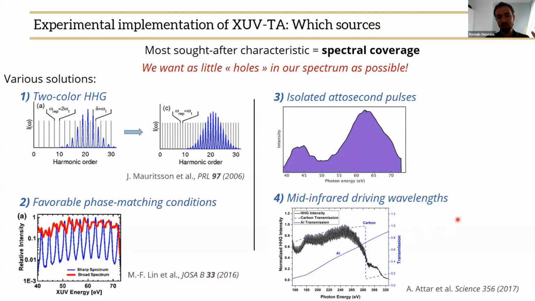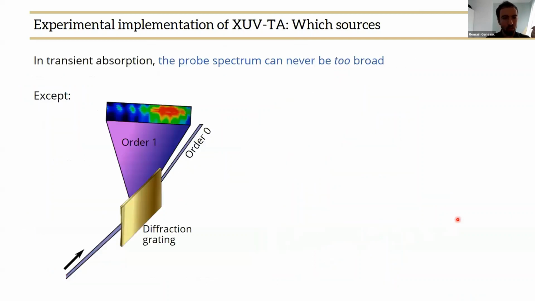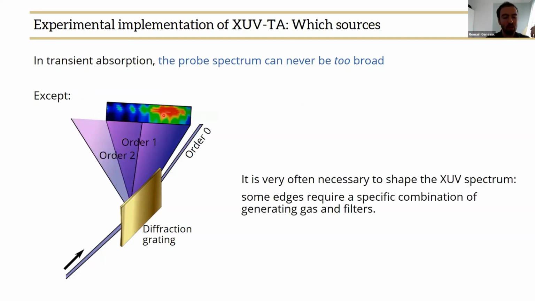When we do this, pretty much the rule is that the probe spectrum can never be too broad, because it doesn't limit your time resolution at all. So you just want it to be as broad as possible, except for one thing: we always use a diffraction grating to diffract our XUV and measure the spectrum. Diffraction gratings also have second order diffraction, third, fourth, etc. If the spectrum is too broad, you get overlap between the first and the second order of a grating.